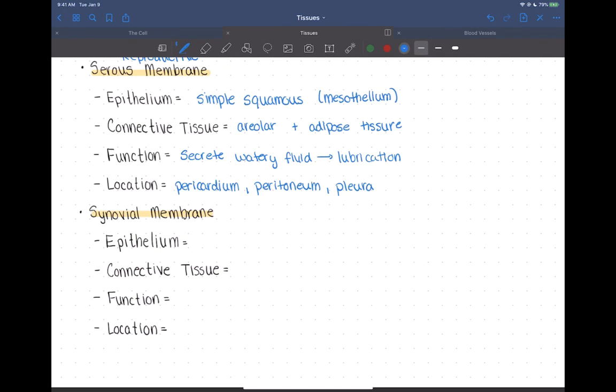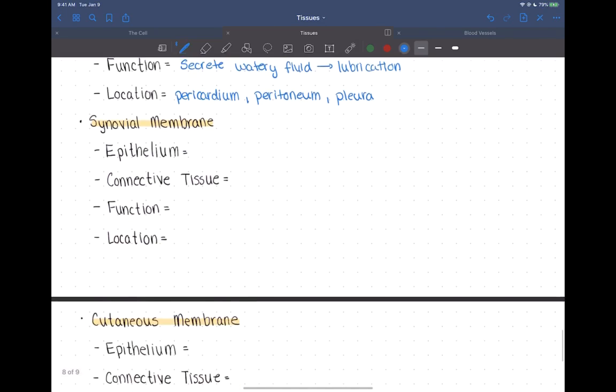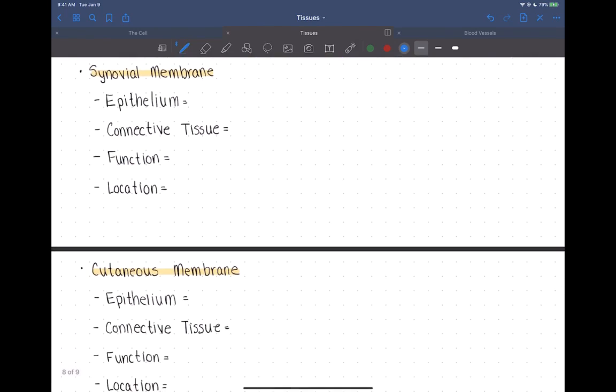All right, and so then we have our synovial membranes, okay? And so a synovial membrane is a little different, only in the respect that the epithelium is not a true epithelium because it only contains scattered cells.